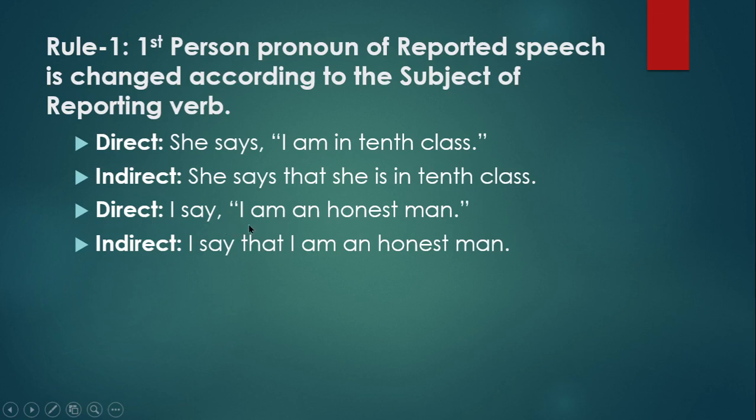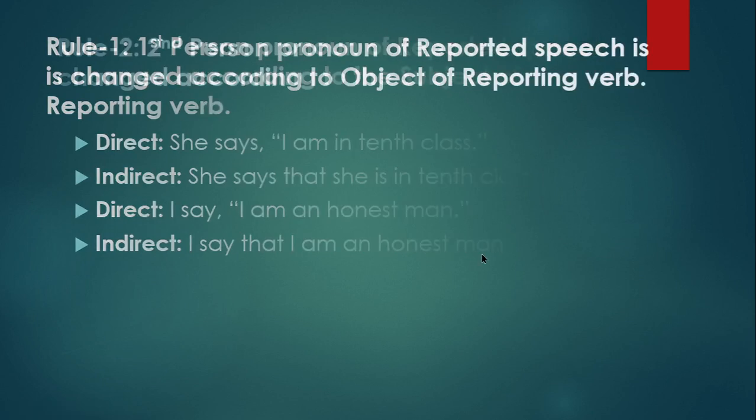Okay, we need not change this person here because the person of reporting verb and reported speech is similar, and here you can see the reporting verb is in present tense. That's why we also didn't change the tense of reported speech. Okay, I say that I am an honest man.